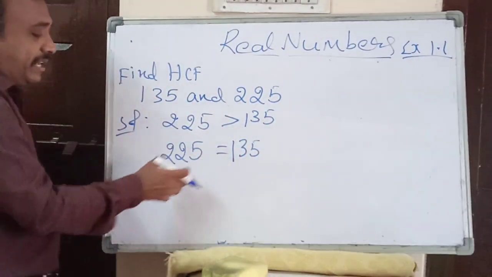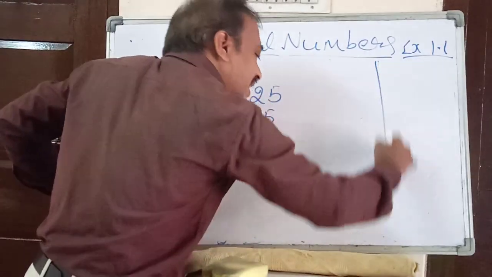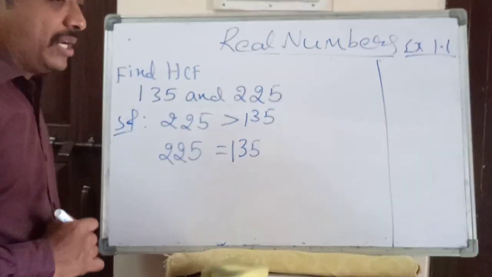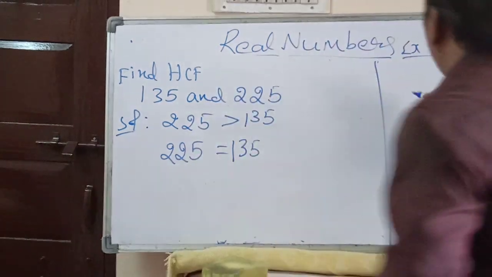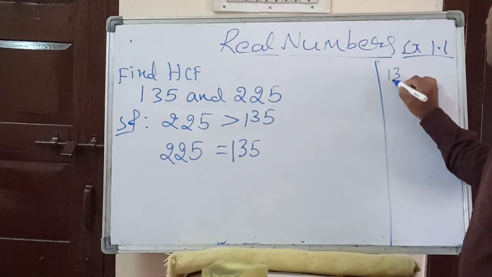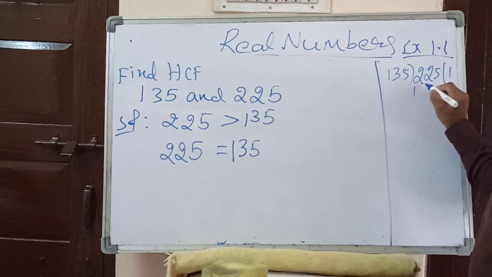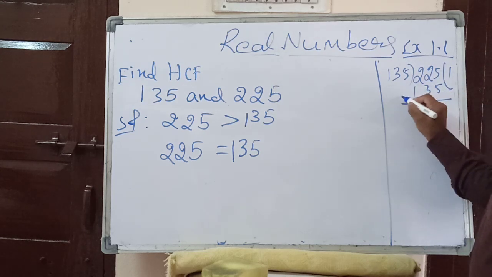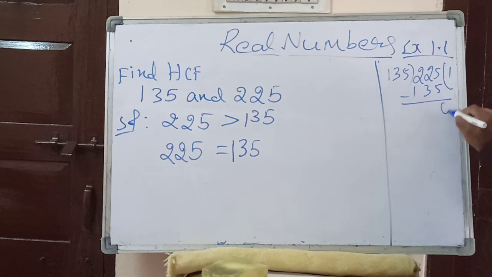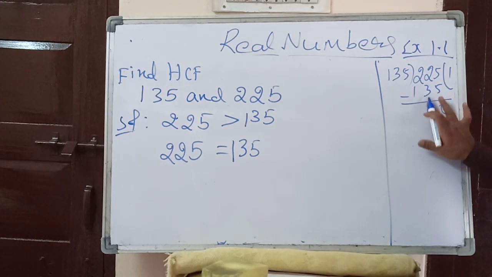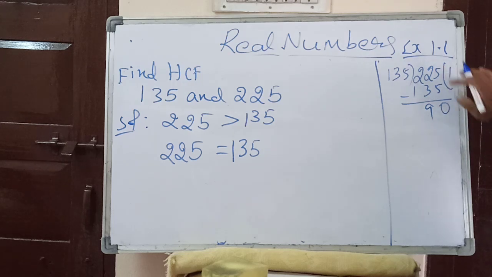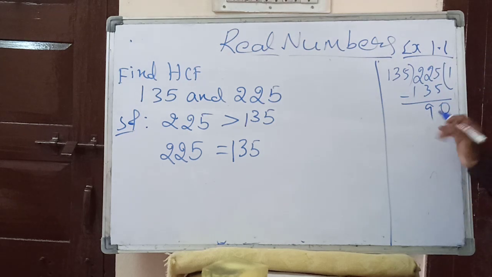How many times can we divide? Like a long division, 225 divided by 135: one time it goes, 135. Subtracting, we get 90.